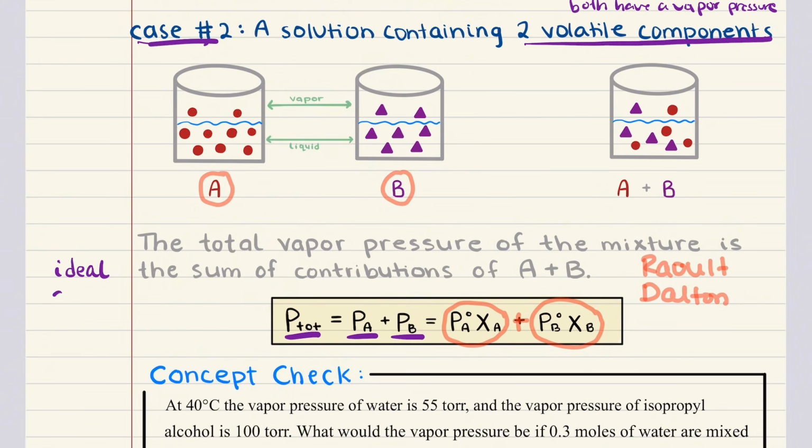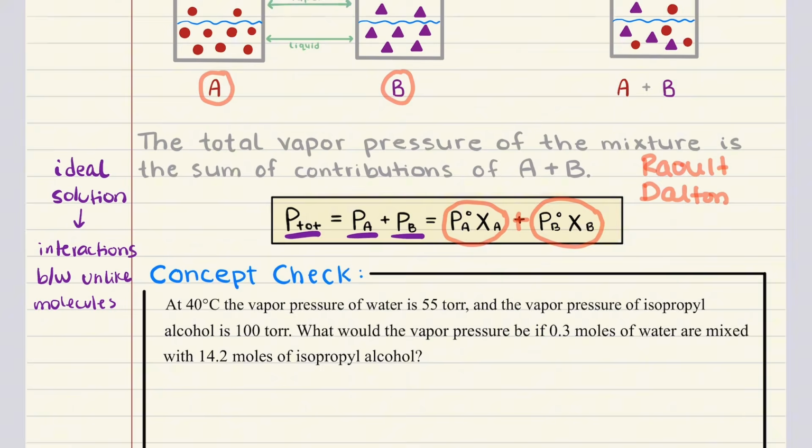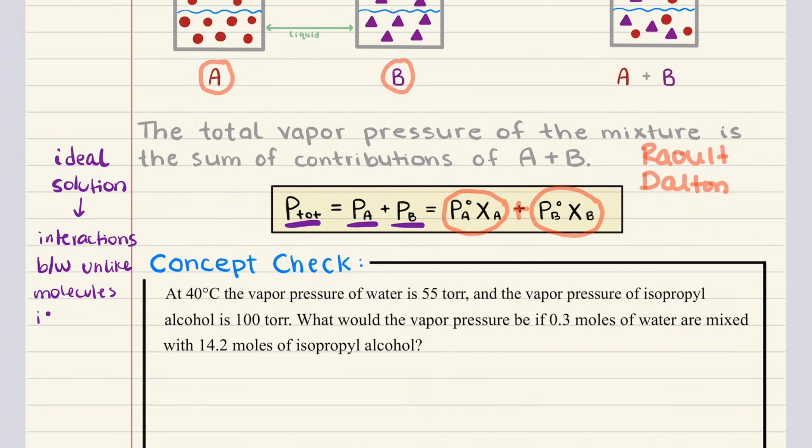An ideal solution is one where the interactions between unlike molecules are similar in strength to those between like molecules, and there is no significant heat or volume change when the components are mixed together. But in practice, not all solutions behave ideally. Some are going to show positive deviation from Raoult's law, where the vapor pressure is higher than expected.